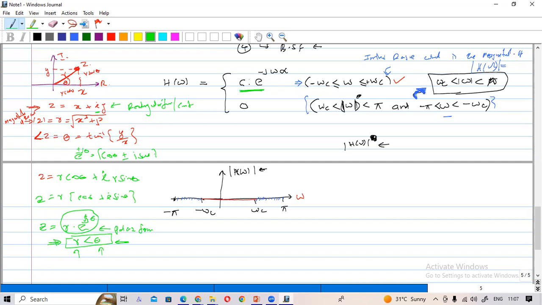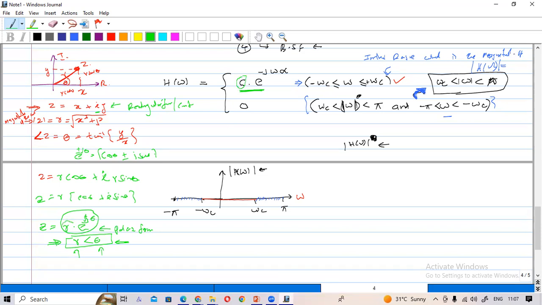Then what is the magnitude of this? Like r cos theta plus i r sin theta, if you expand this you have C cos omega alpha plus i C sin omega alpha. So what is the magnitude? That is C. This magnitude is C.